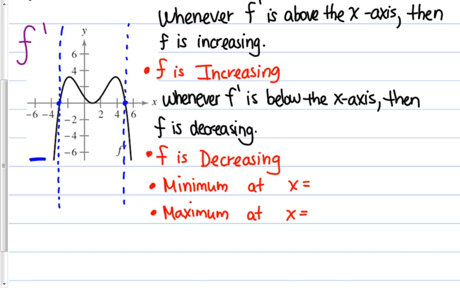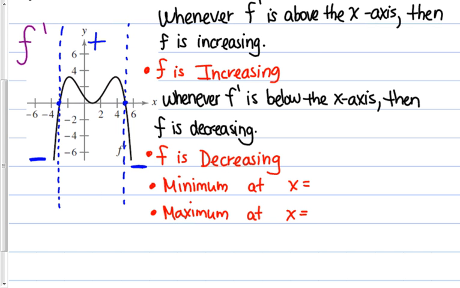So this is all going to be plus. So whenever f prime is plus, f is increasing. And then from 5 onward, to the right, that piece of the function is below the x-axis. So this is again going to be negative. And whenever f prime is negative, f is decreasing.